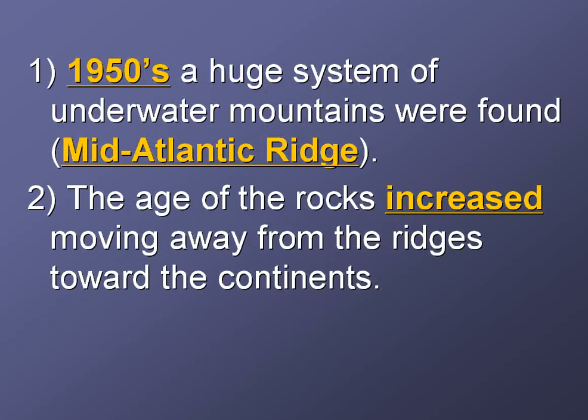And again, we mentioned this earlier with radiometric dating. They found that the age of the rocks increased moving away from the ridges towards the continents. You can see that happening right here in the diagram, where with my red pen you can see the rock would be created here. As these plates move in this direction, I'm not going to draw on it because it's an animation, and I don't think the animation will keep going if I draw on it.